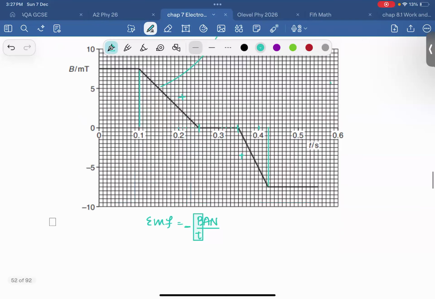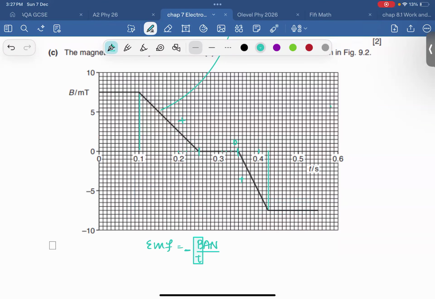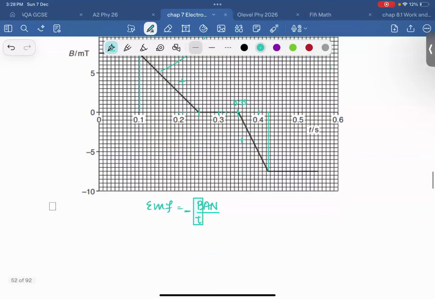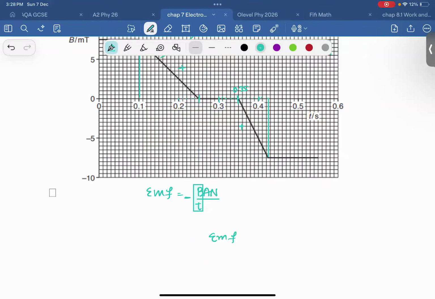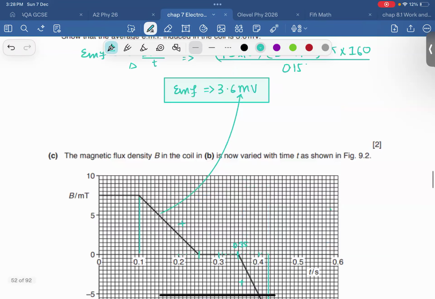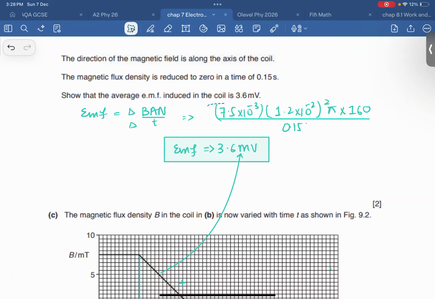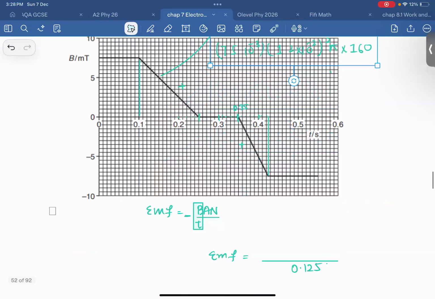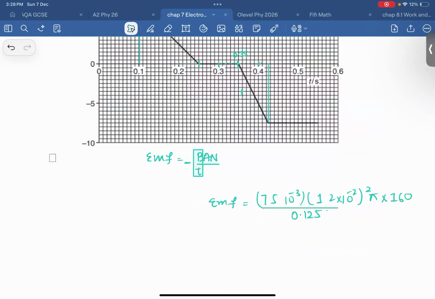And for this portion I have to work out the time. I can see 0.35 to 0.475, basically 0.125 seconds for the time, and the rest of the things remain the same, so you can copy everything.